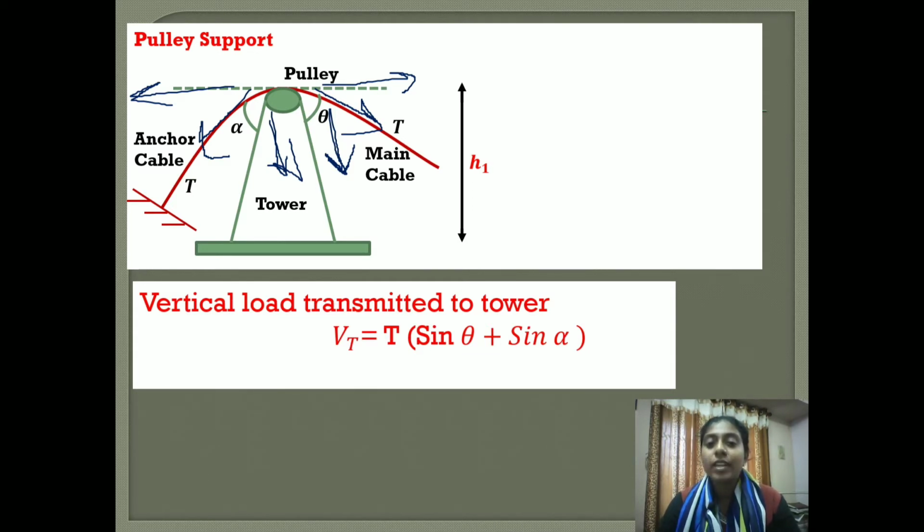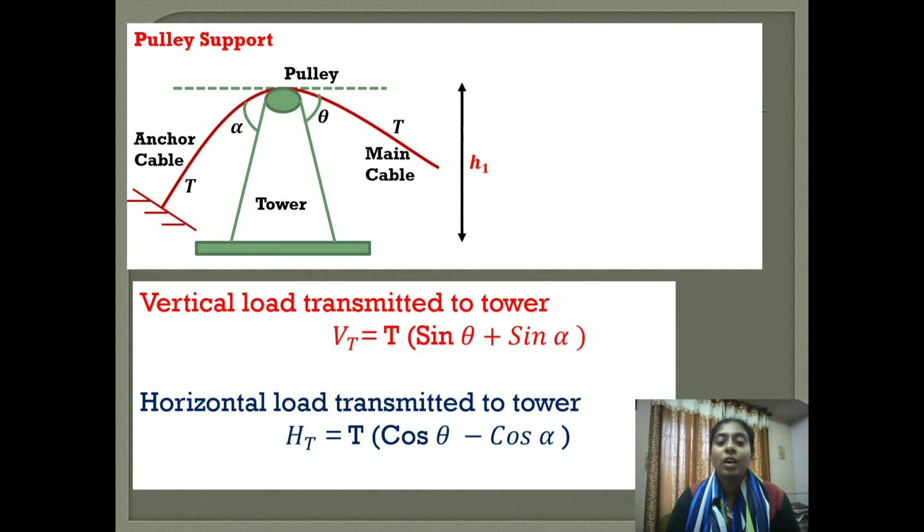So the vertical load that will be transmitted to the tower will be T sine theta plus T sine alpha.